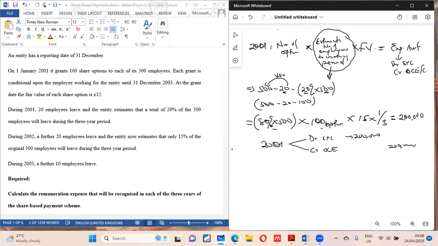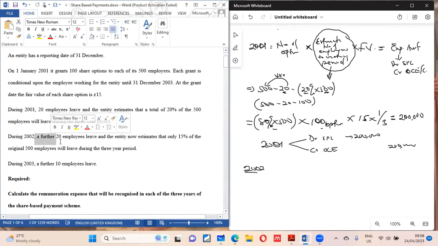Okay. What about 2022? Yes, let's see if somebody can get the number of employees right. Okay, this is the English. During 2022, 20 employees leave, and the entity now estimates that only 15% of the original 500 will leave during the 3 years. Yes, English.